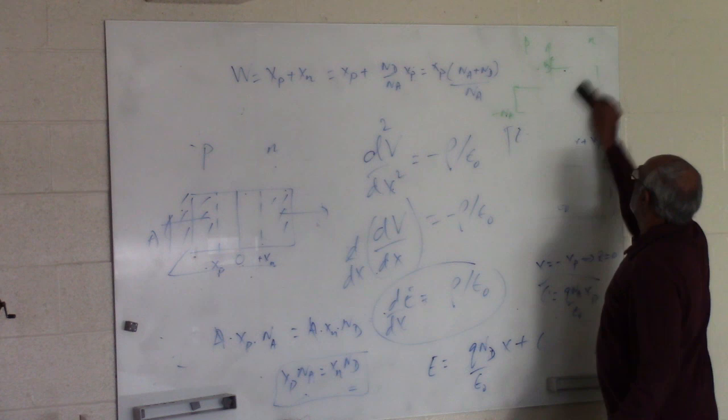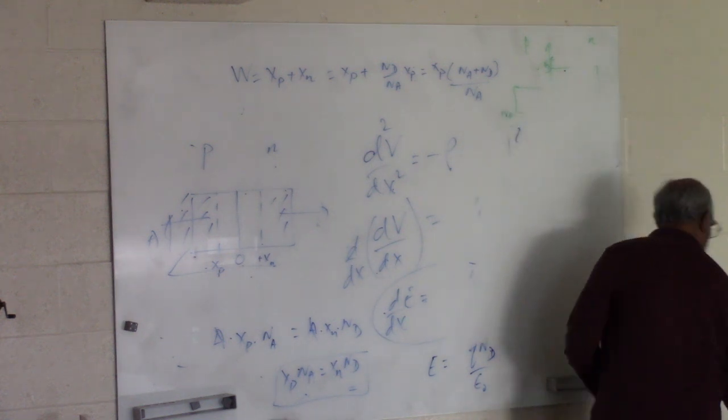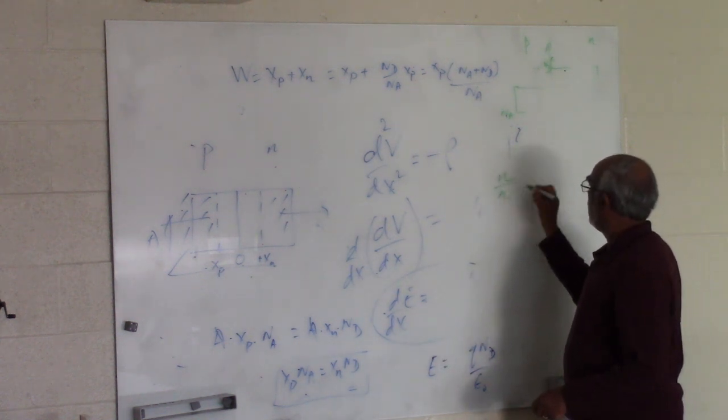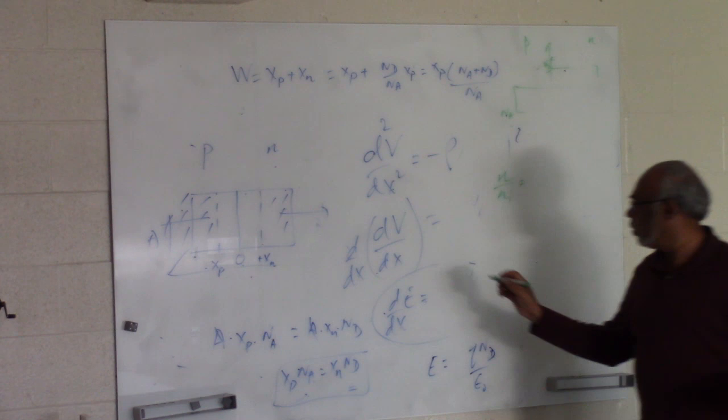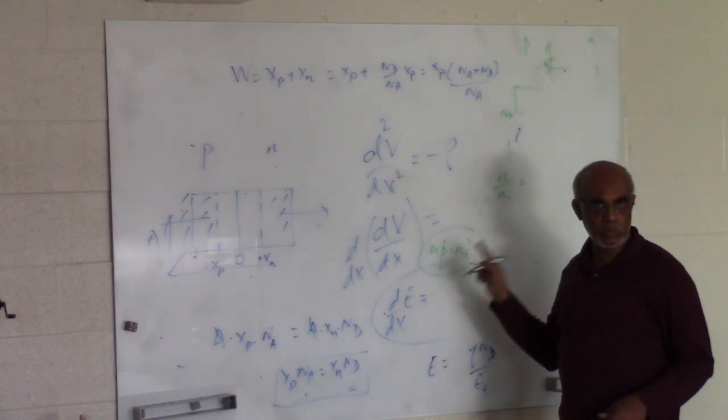If you take n over Ni, where Ni is the intrinsic value, remember that n times p always equals Ni squared. This is always true.